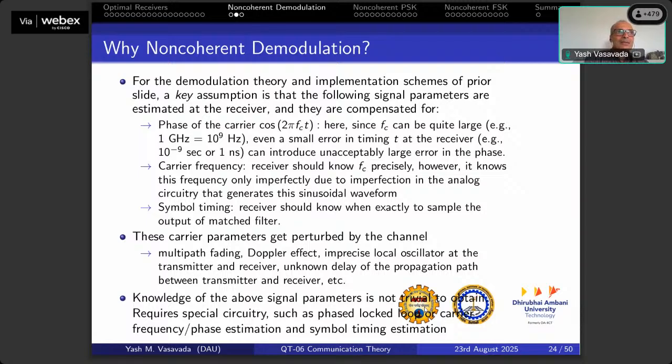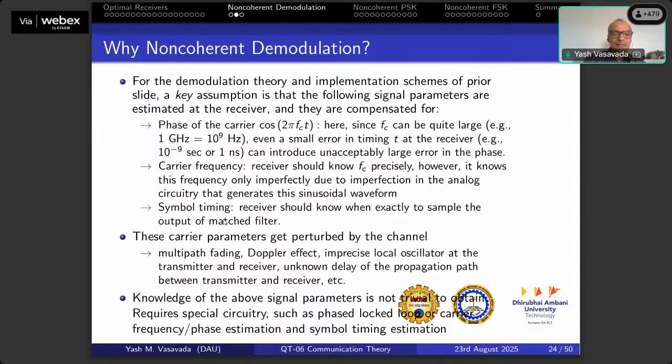Their focus is now on how to do the carrier frequency estimation very well, how to mitigate Doppler, how to mitigate imprecise local oscillator effects, how to design in the presence of phase uncertainty, etc., timing uncertainty. So there is a lot of elaborate design that happens to compensate for all of these parameters which are actually variable.